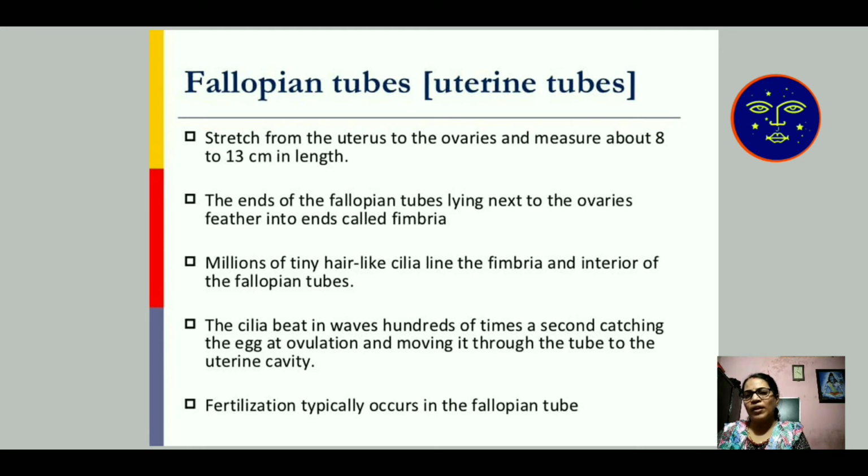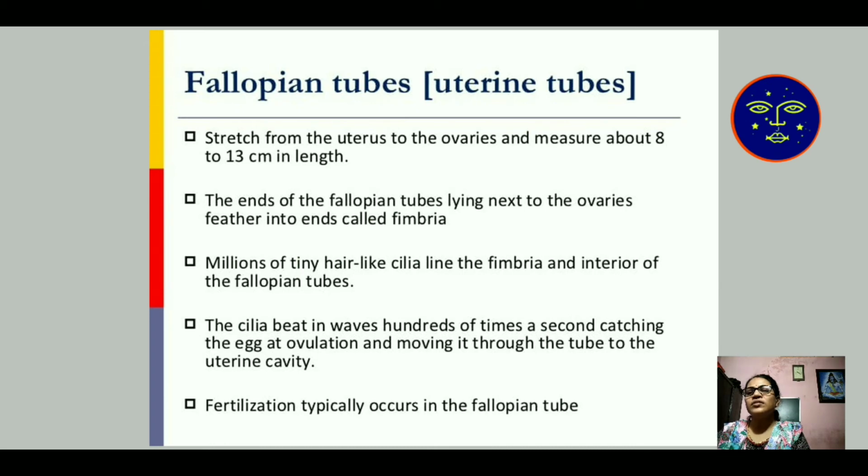The ends of the fallopian tubes lying next to the ovaries feather into ends called fimbriae. Millions of tiny hair-like cilia are present inside the fallopian tube. The cilia weave in waves hundreds of times a second, catching the egg at ovulation and moving it through the tube to the uterine cavity.